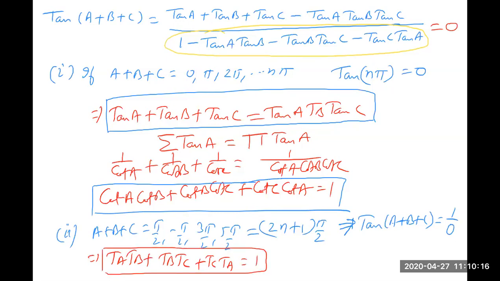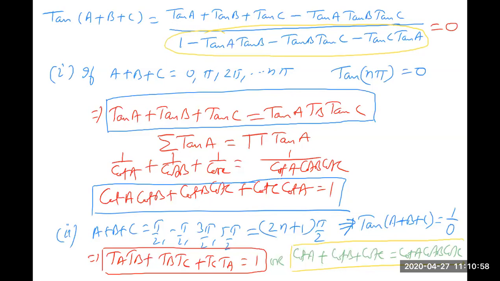Or if you convert in cot, you will get the same formula, cot A plus cot B plus cot C is equal to cot A cot B cot C. So in case of a triangle which is not right angled, A+B+C is equal to pi, then tan A plus tan B plus tan C is equal to tan A tan B tan C. The same thing will happen when A+B+C is equal to pi or 0 or 2 pi or 3 pi.